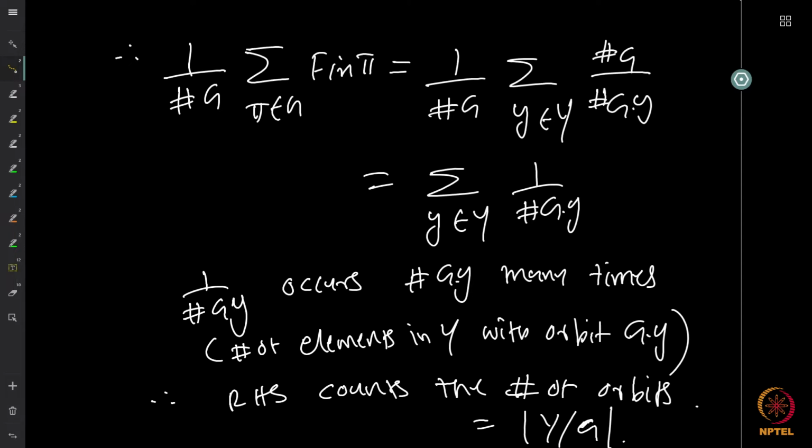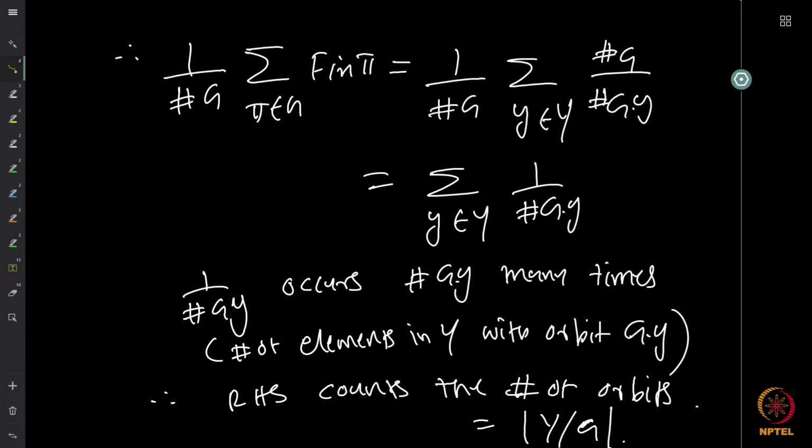So you will see that exactly the number of elements in the orbit, that many times the term 1 by cardinality of Gy occurs. Which means that the contribution of each orbit will be exactly 1, right? Because each orbit has exactly that many elements, that many times this term 1 by order of Gy comes.